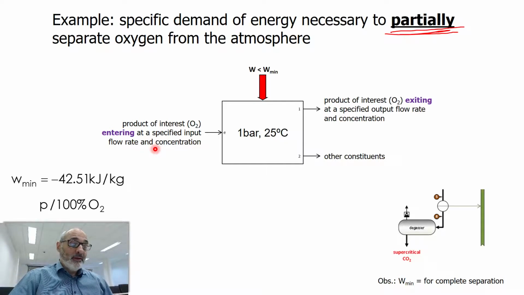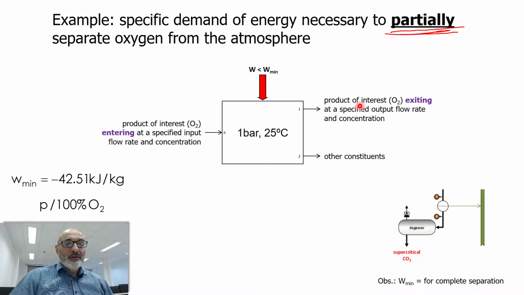The atmosphere, if this is the atmosphere, we calculated that the minimum separation work for a perfect, complete separation is minus 42. This is the theoretical minimum. Now, we don't require 100% concentration of oxygen here.